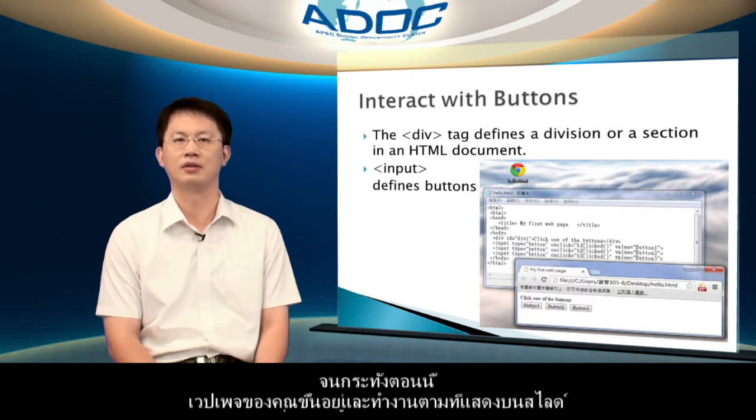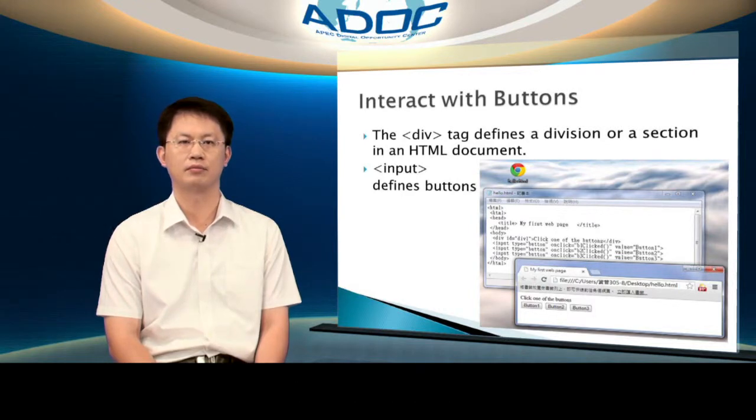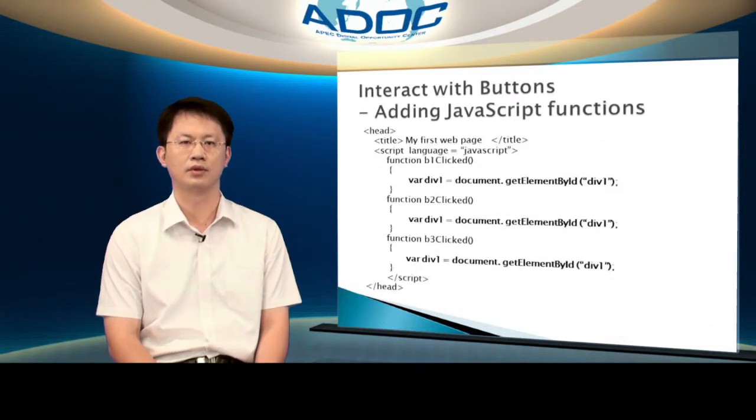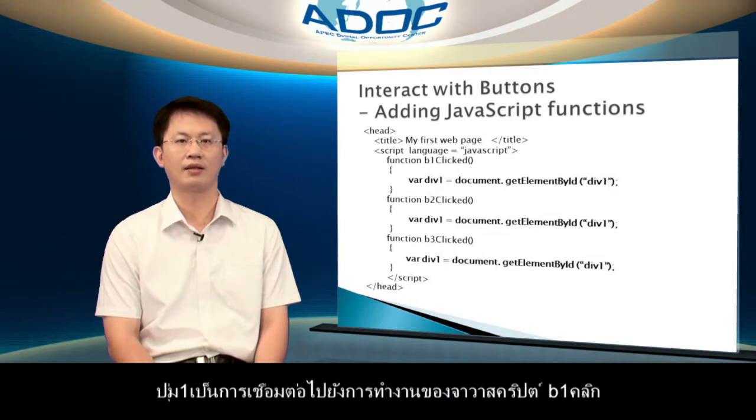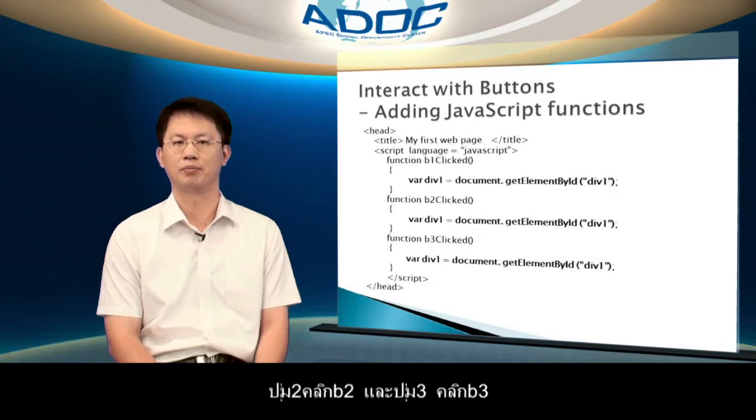Until now, your web page is up and running as shown on the slide, except for the reactions after you click on the button. Button 1 is connected to the JavaScript function B1clicked, button 2 to B2clicked, and button 3 to B3clicked.